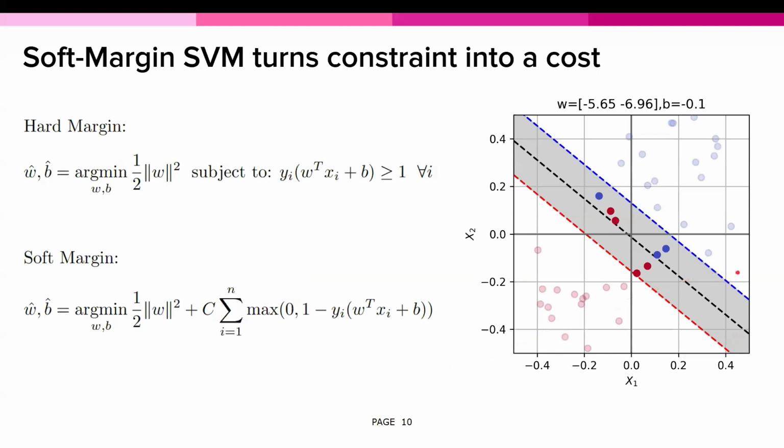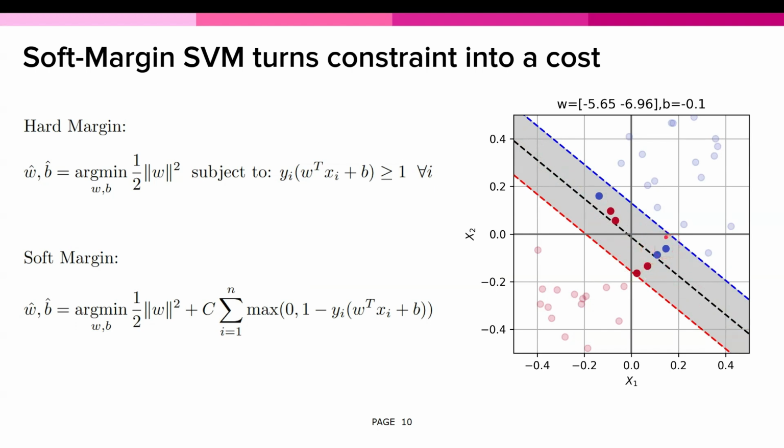This plot on the right here shows how this soft margin SVM works in practice. This gray region still represents the margin, and the black dashed line is still our separating hyperplane. But now we can see that there are points inside the margin. These red points over here are inside the margin.